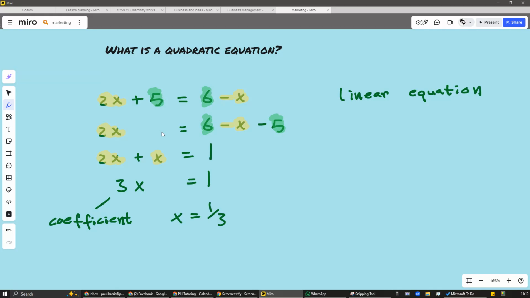So this is a linear equation. It's a linear equation because if you were to plot this onto a graph in some way, for example, if we collected it all over here, or either side of it, we could say y is equal to 2x, or y is equal to 6 minus x, or we could move them all together, and we would always get a straight line. So think about line from linear.